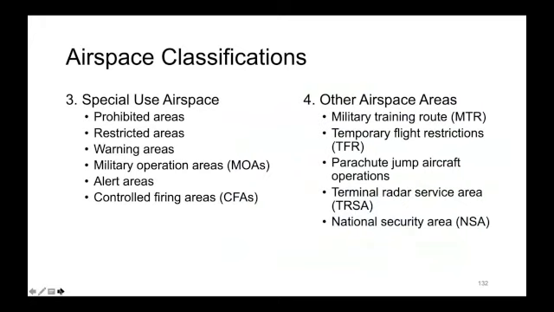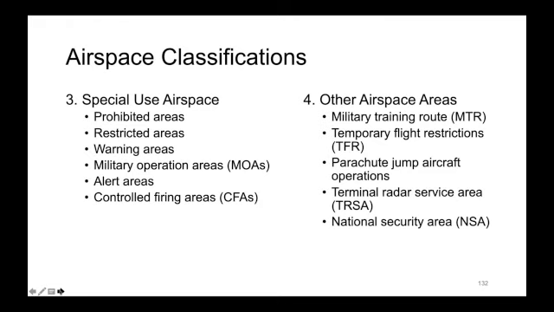Airspace classification, special use, and we'll go more in details in these. Prohibited means prohibited. It's not, can I ask permission to fly in here? No, it's prohibited. What's a good example of prohibited? It's usually the Washington Mall and Camp David are good examples of prohibited areas. Restricted, warning areas, MOAs, alert areas, and then the control firing areas.